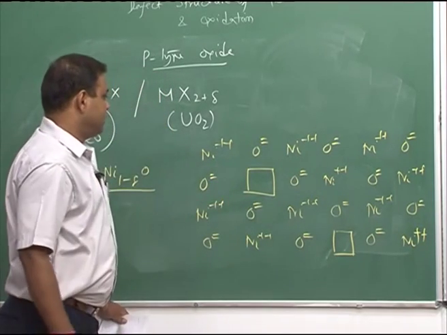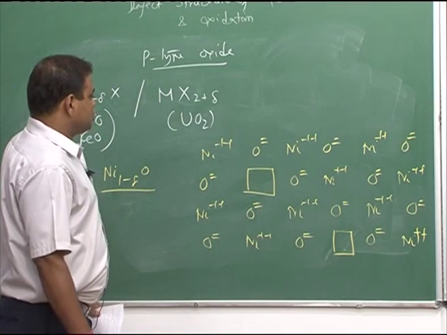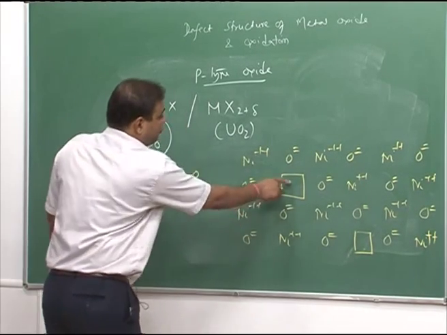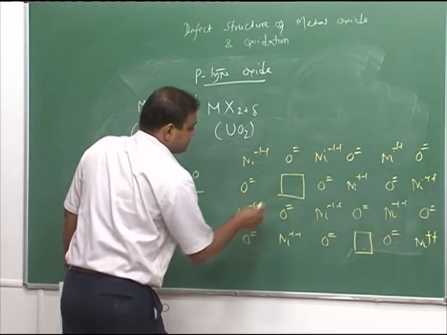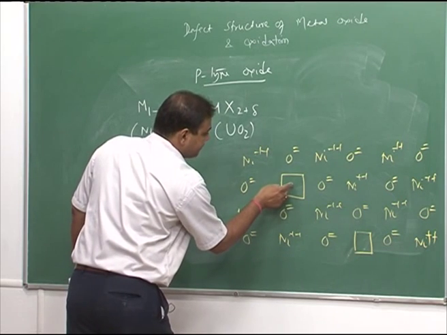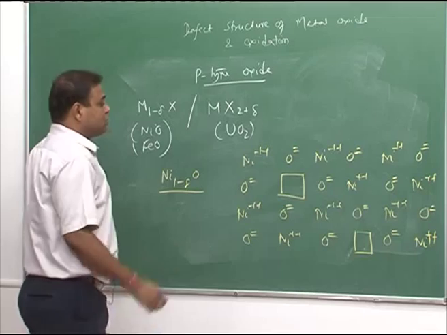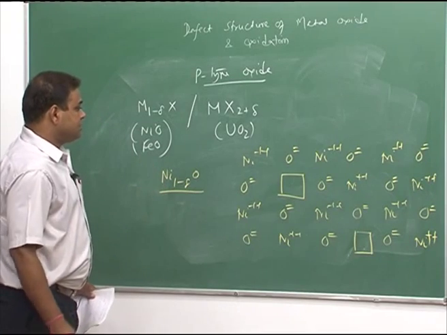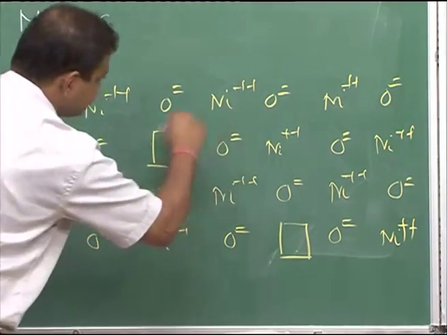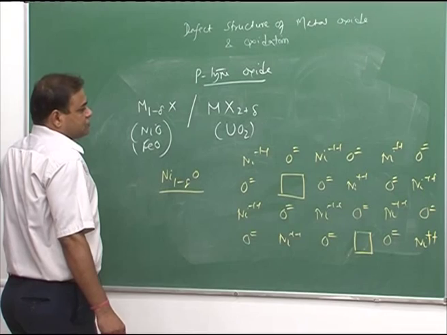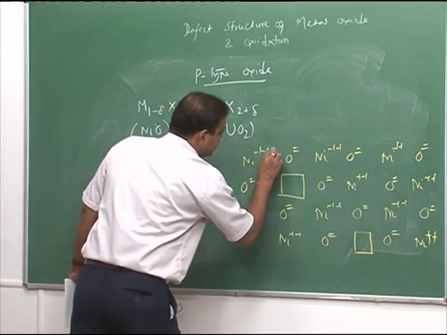So, in order to balance those 4 extra negative charges, because both nickel cations are missing, that means 4 negative charges would be extra. In order to neutralize those 4 negative charges, there would be a hole creation.